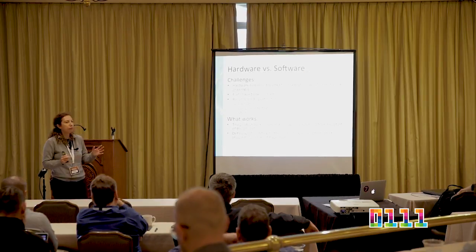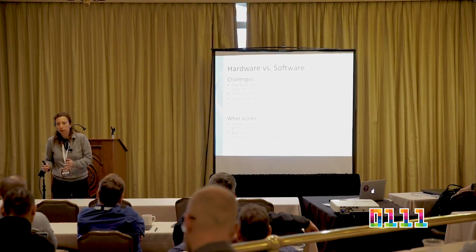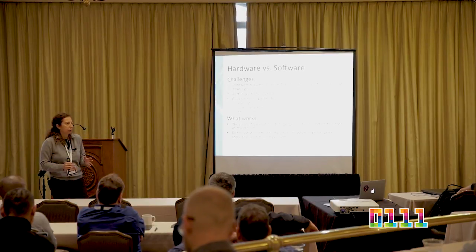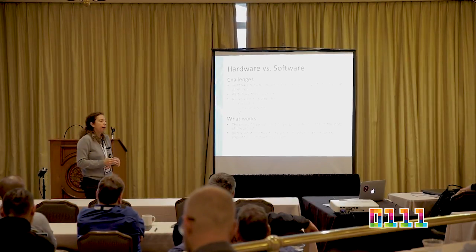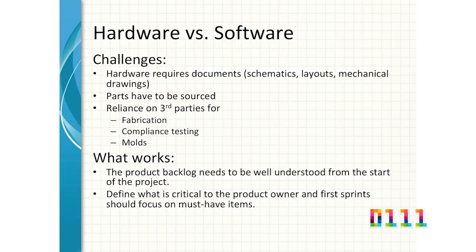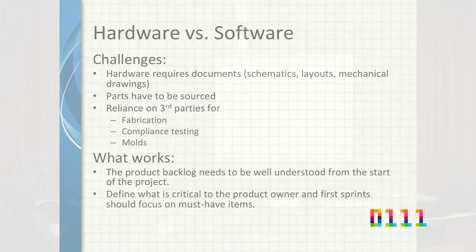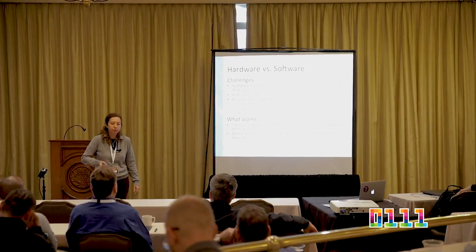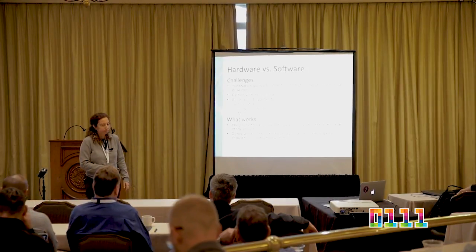So yes, you do have to take the time up front to think about your system and what you're trying to build. And once you've done that, then you need to define what the critical requirements are. Without these requirements, this product is going to fail. It's not going to work. Okay? Those are your starting points.